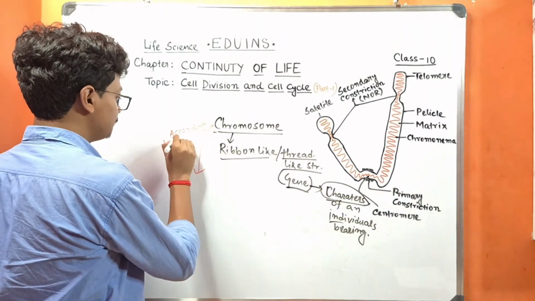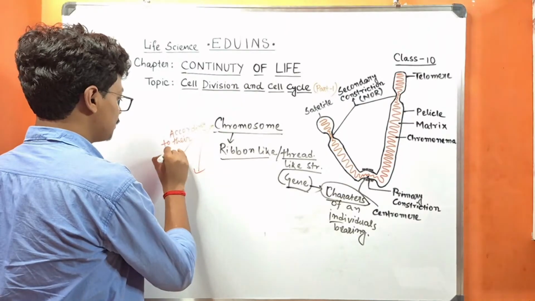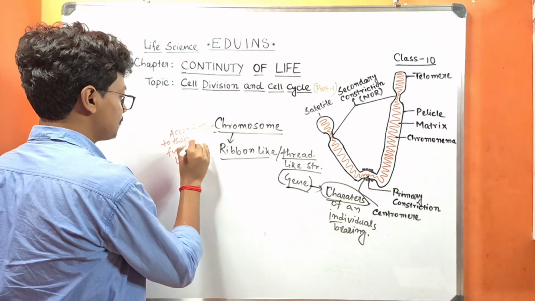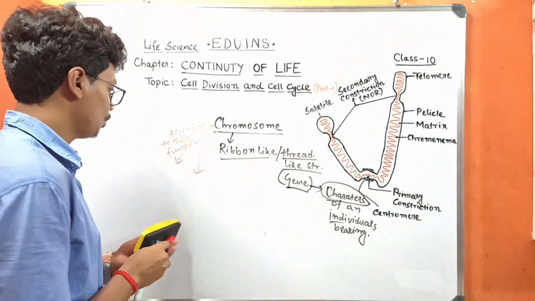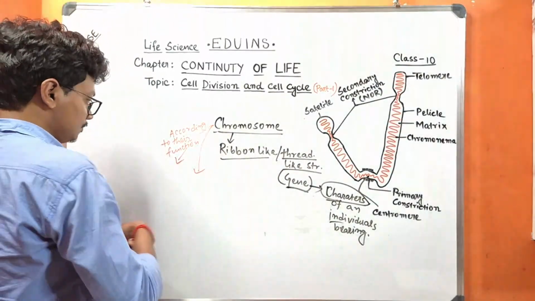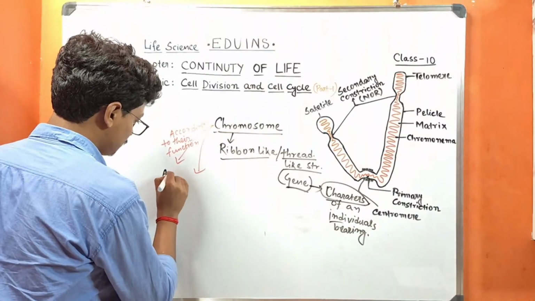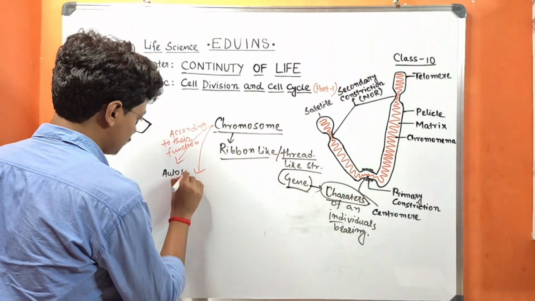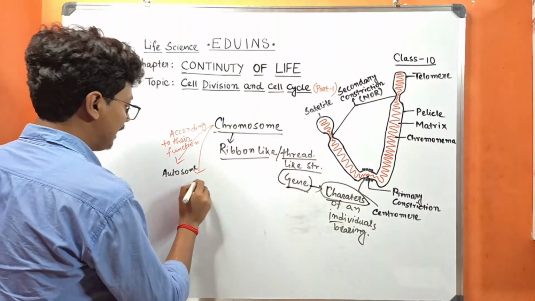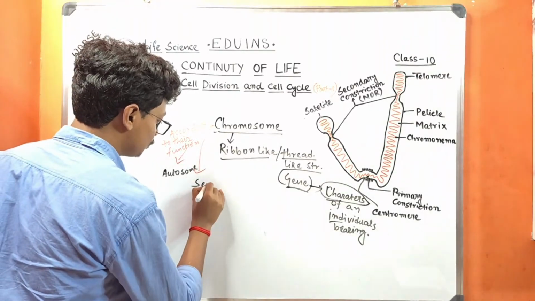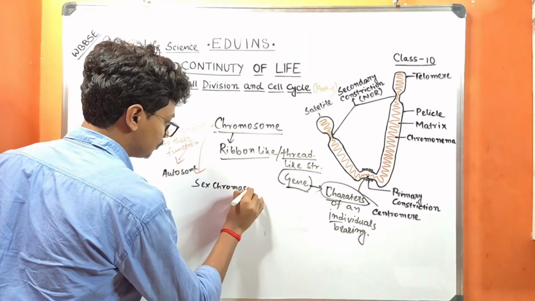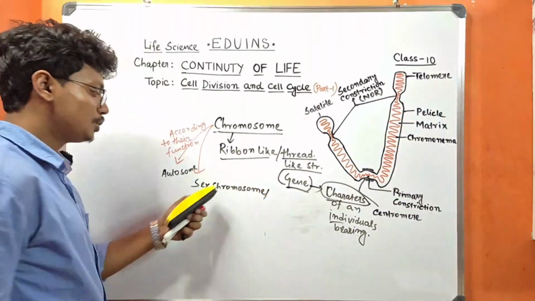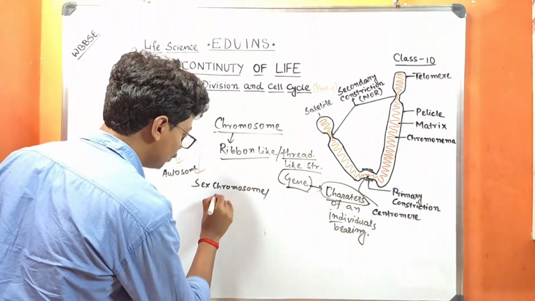Number one is autosome, and another one is sex chromosome, also known as allosome.